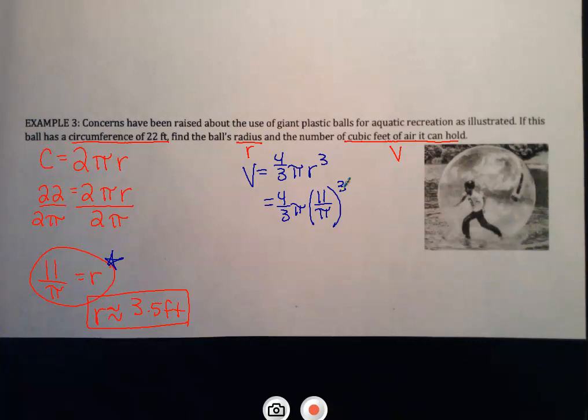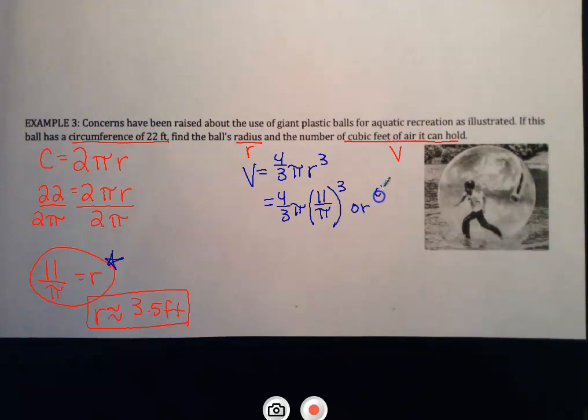Because I don't want to necessarily use the approximate answer when I'm solving. I want to do the approximation at the very end, as late as I possibly can, so my answer is more precise. If you put the 3.5 in there now, you're going to get a varied answer. And it depends on the calculator that you're using too. So I'll take either one.